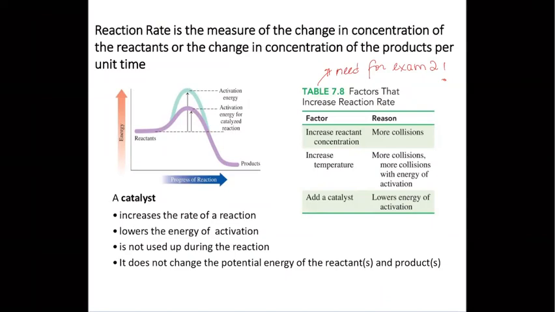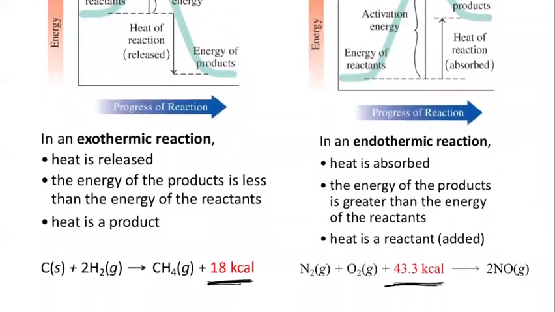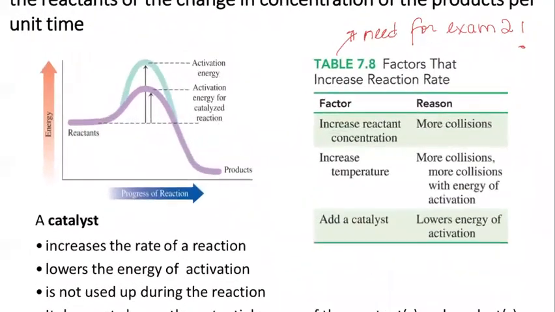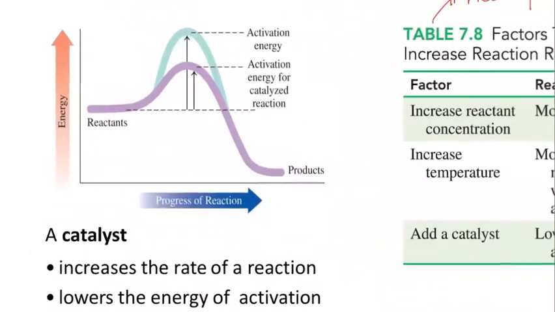So on the left side of the slide, we have an energy diagram specifically for a reaction that is not catalyzed versus a reaction that is catalyzed. What is the difference, okay? So there is an overlap between the reaction without a catalyst and with a catalyst.